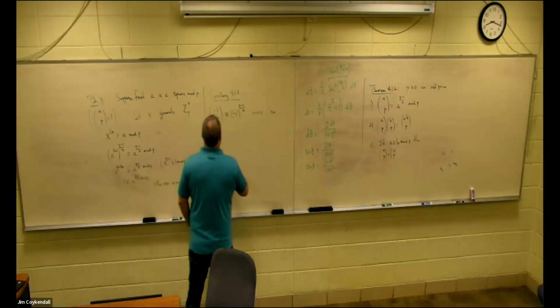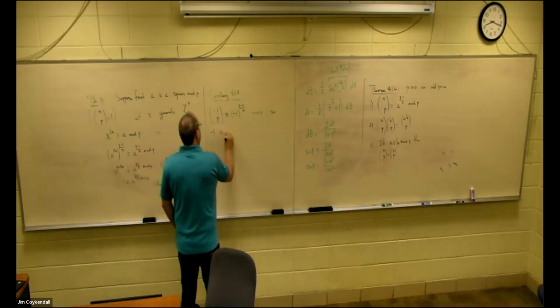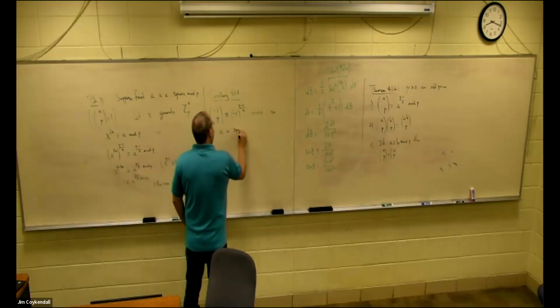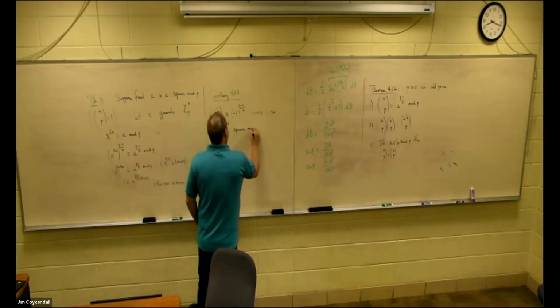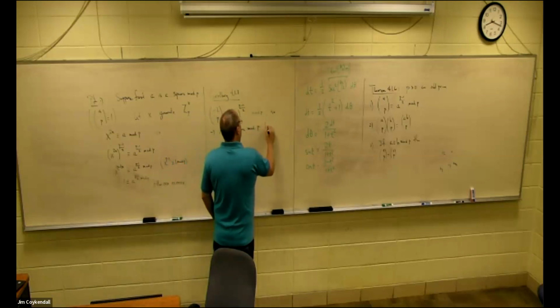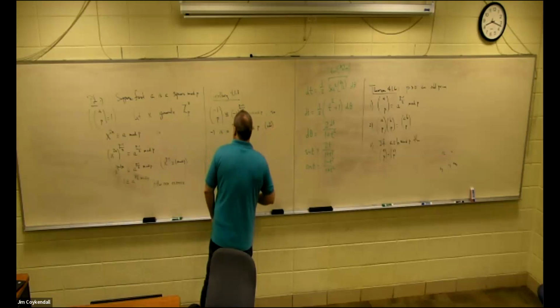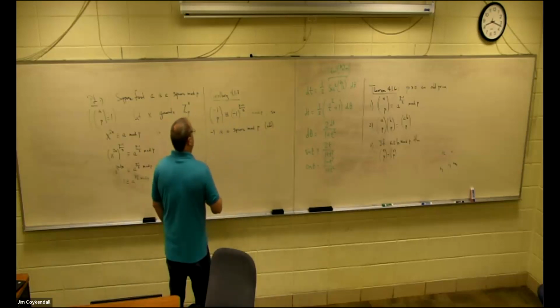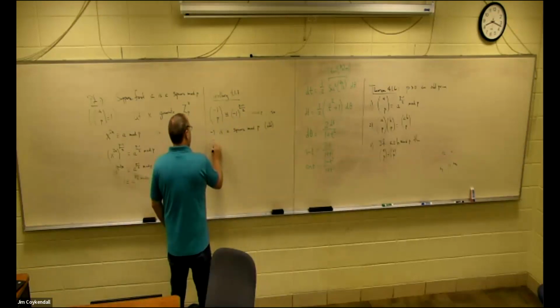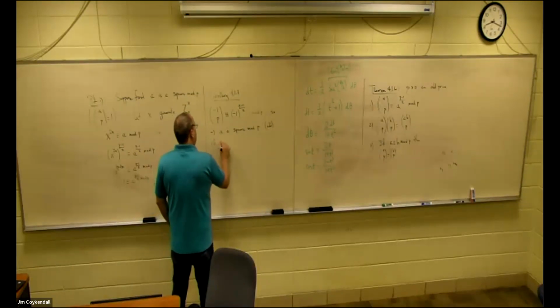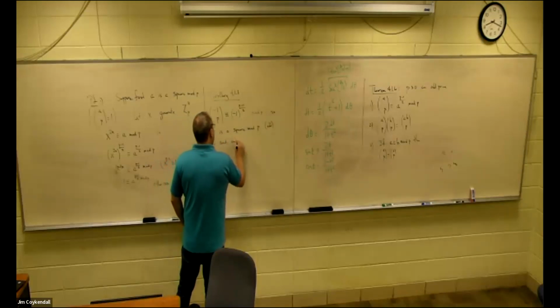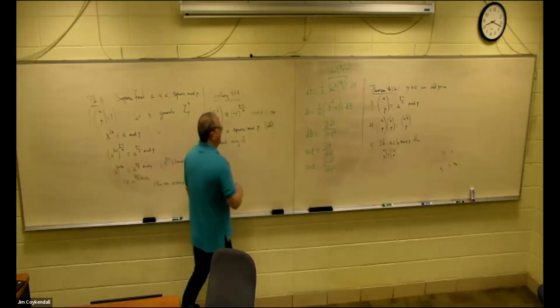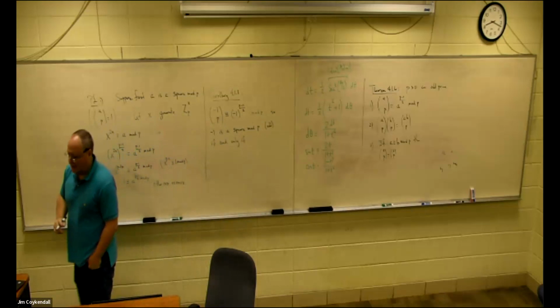So minus 1 is a square mod p, mod not prime p. Does anybody see the condition?